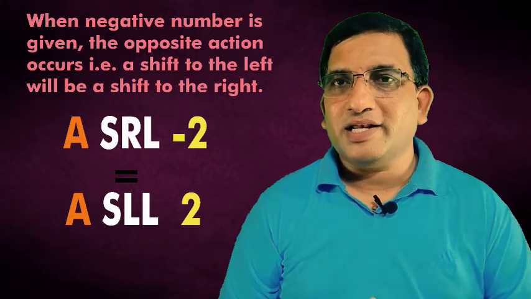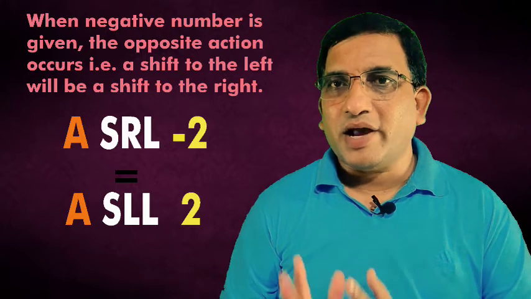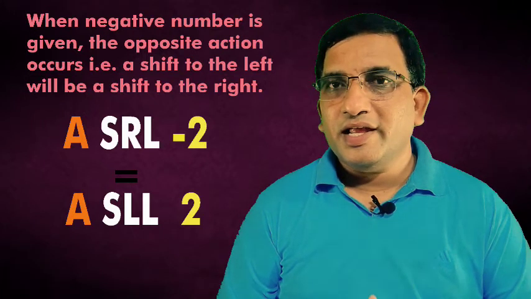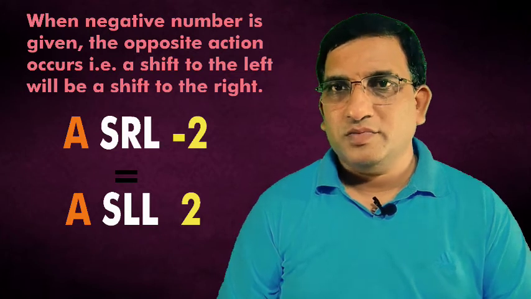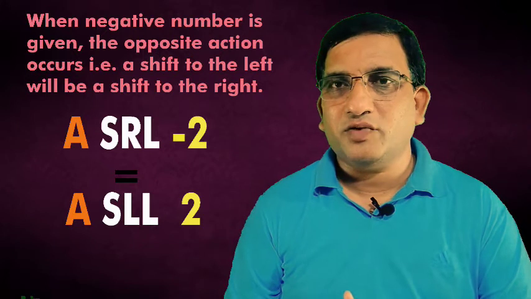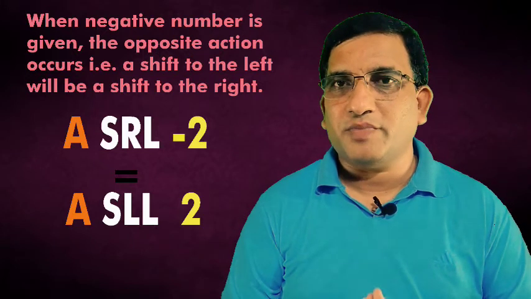The command A SRL -2 will be equivalent to A SLL 2. So the SRL operation, that is the right shift operation, will be converted to the left shift operation by 2 bits.